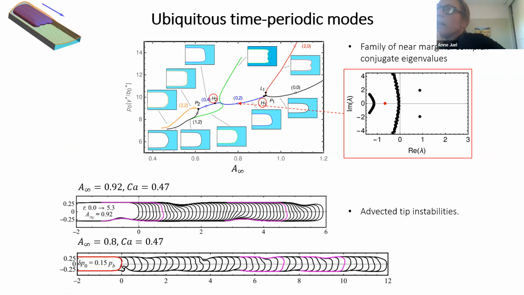So basically, we calculate the steady states for these systems, and then we calculate the eigenvalue spectrum from the Jacobian.